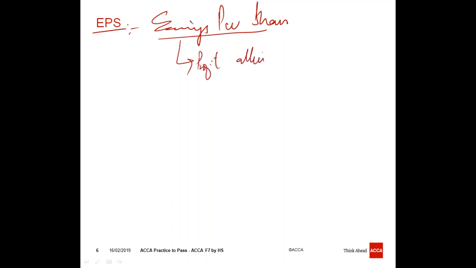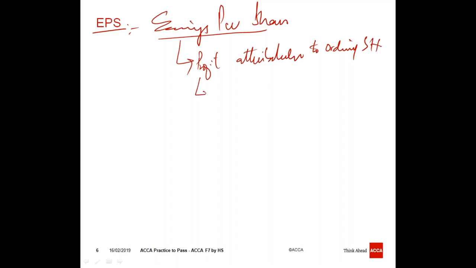EPS means earnings per share. Earnings means profit attributable to ordinary shareholders.